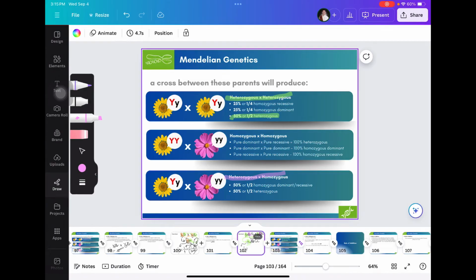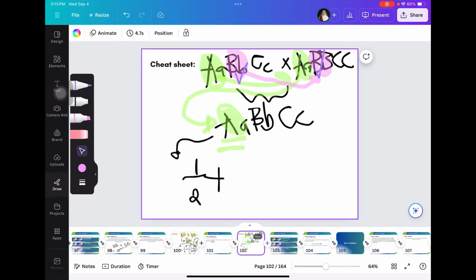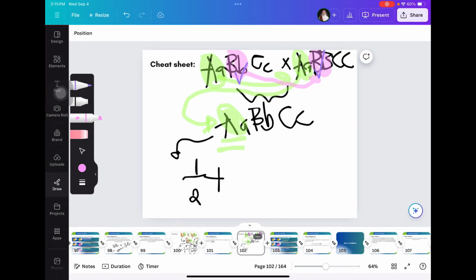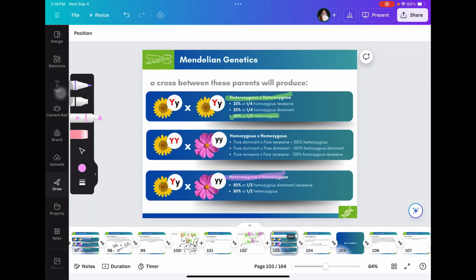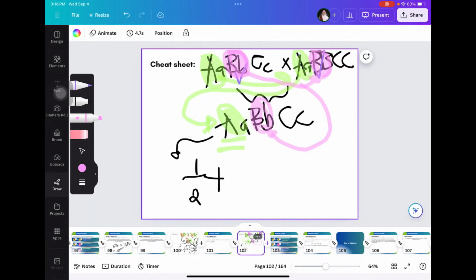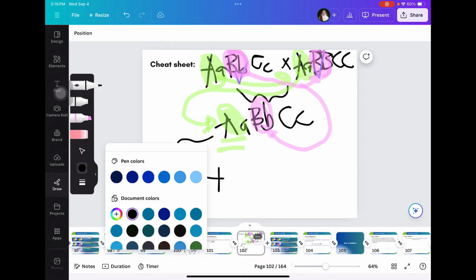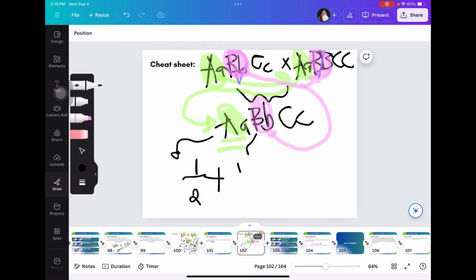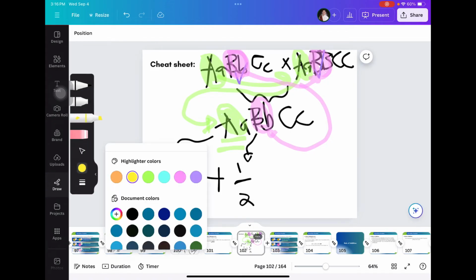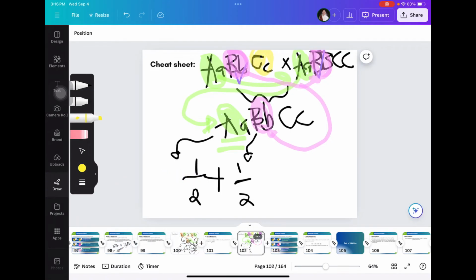We are currently looking for the probability of this one. If we cross this one to this one, what is the probability that they will be producing a heterozygous? And since we want heterozygous, the answer is 1/2. So plus 1/2.